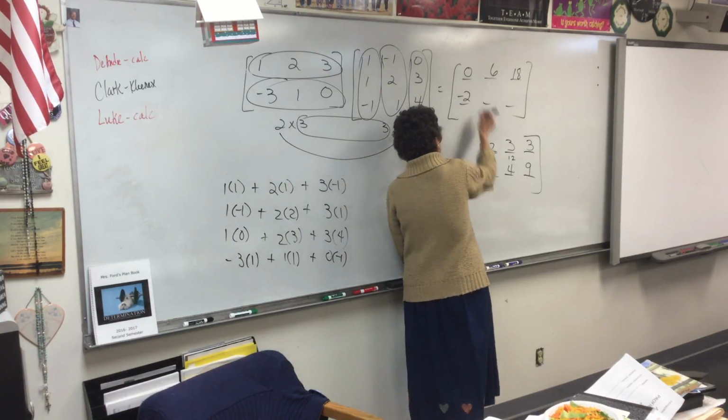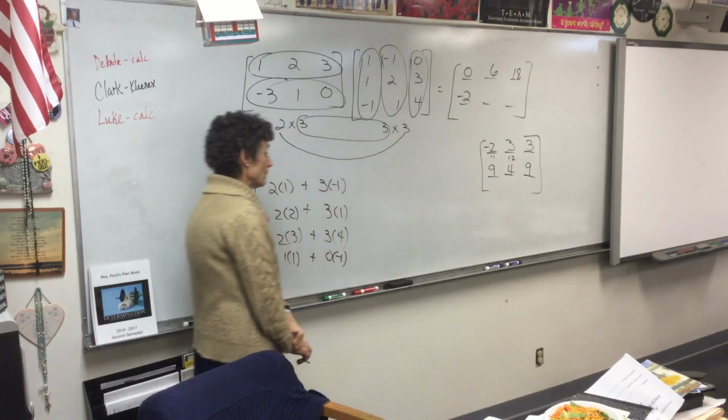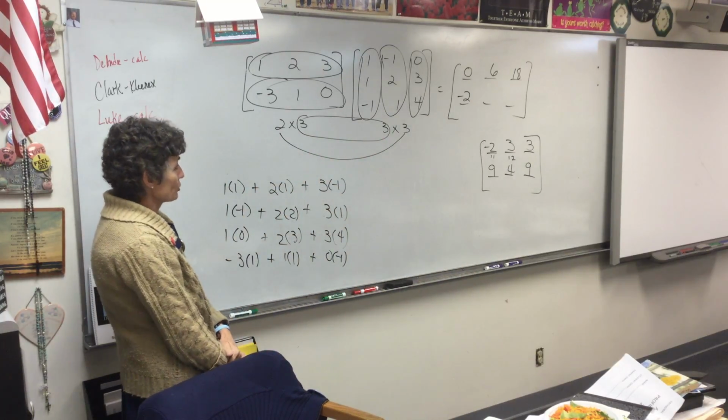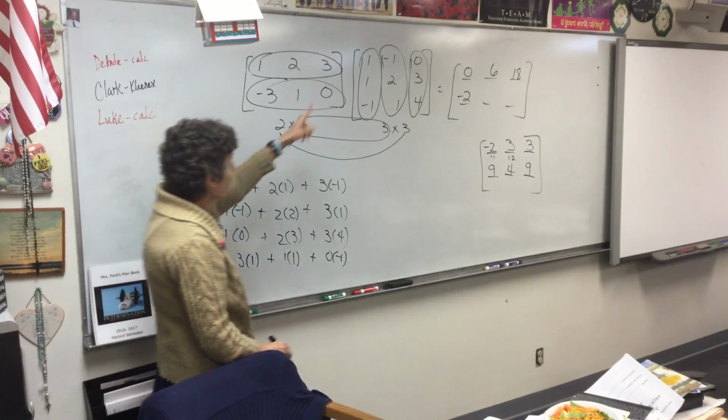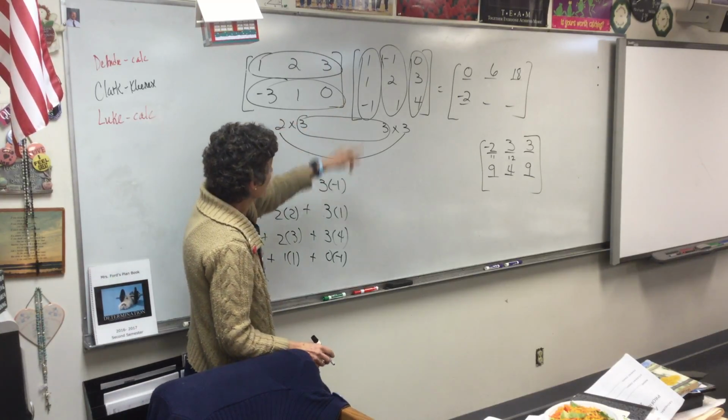All right, see if you can fill in the last 2 on your own, which would be row 2, column 2, and then row 2, column 3.